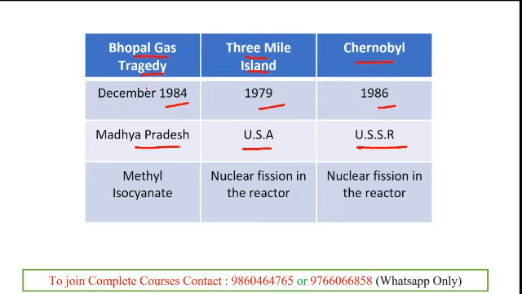The Bhopal gas tragedy happened due to methyl isocyanate gas, and Three Mile Island and Chernobyl were nuclear fission accidents in the reactor that raised the temperature, raised the heat in the area, and caused explosions. Clear. So you can remember the dates here, and the causes, what is the gas that caused the disasters.